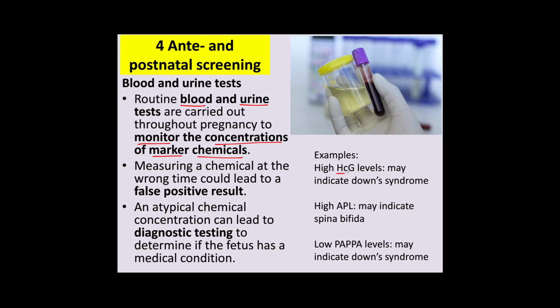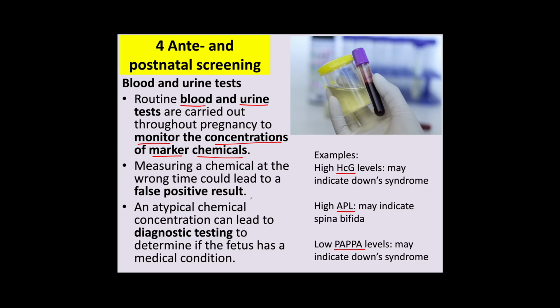We've got HCG, which is human chorionic gonadotrophin, and they'll monitor those levels in case of abnormally high levels at any point in the pregnancy, because high levels of HCG may indicate Down syndrome. Another one they look for is one called AFP, and again, that can indicate another condition called spina bifida. And the last one is looking at a protein that is called a PAPP-A protein. And they look at those PAPP-A levels and they may indicate Down syndrome as well if those PAPP-A levels are particularly low.